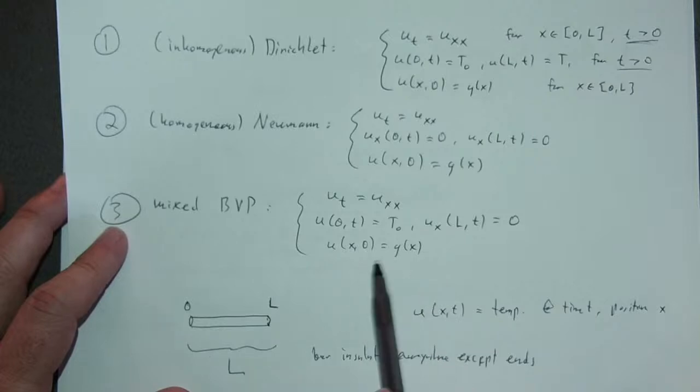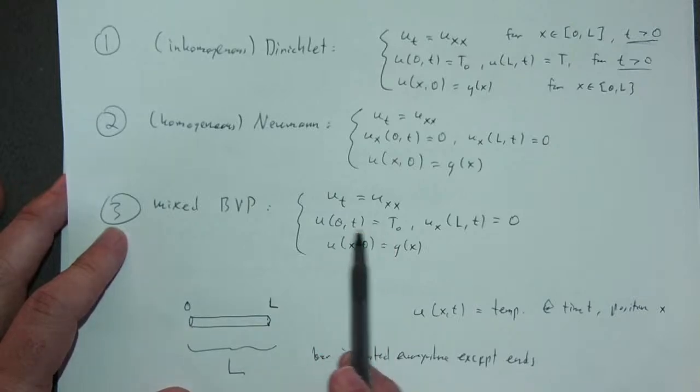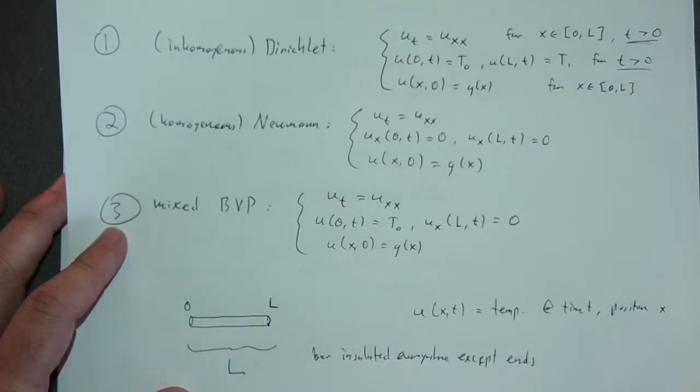Since this is being kept constant for all t, the temperature in the entire bar should equilibrate to this T naught temperature.